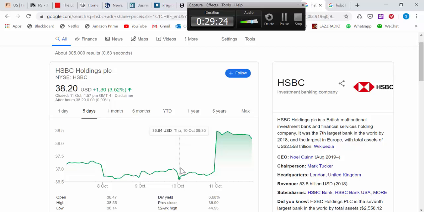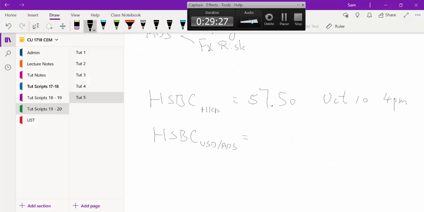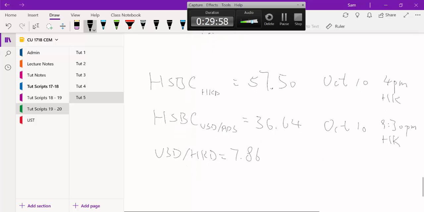You can see that, okay? 36.64. So this is Hong Kong time, and if you use Hong Kong time here, it will be 9:30 in the evening. Now, I'm going to use an exchange rate of, let's say, 7.86, something like that. And you can see that this is Hong Kong dollars, this is US dollars.